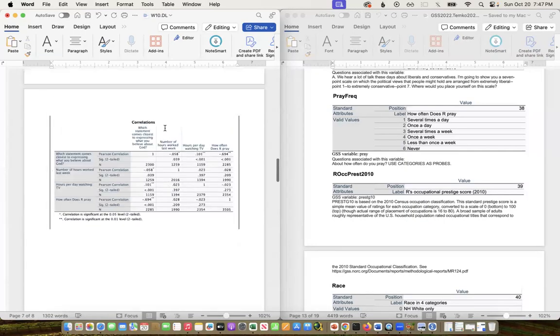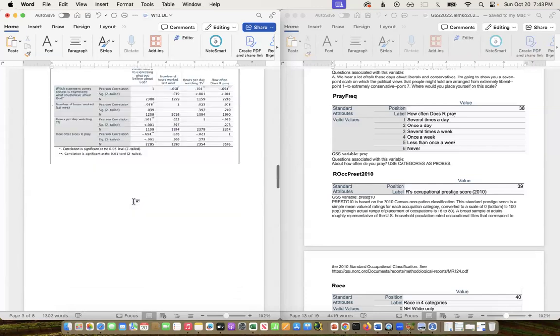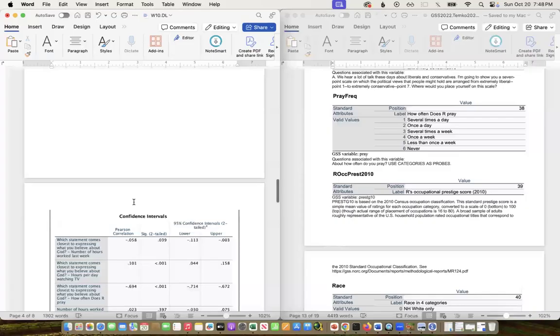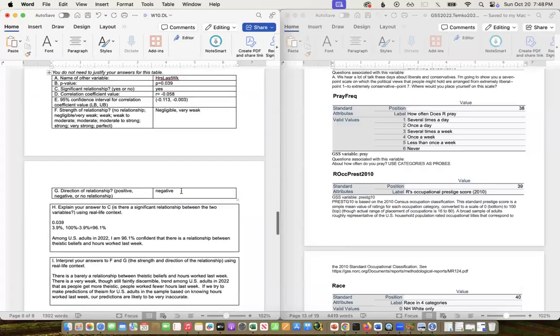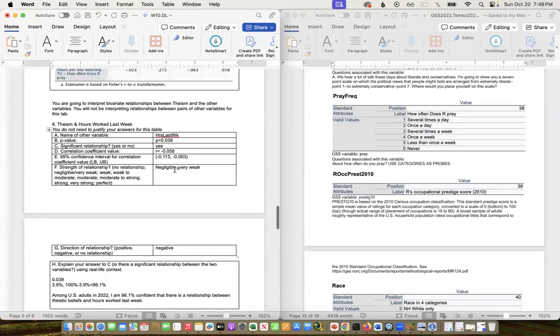Or for like this first one, as pray frequency increases, hours worked increase. That was negative also. Did we do that one? It was negative. Yeah. So hours worked decreased, or as hours worked increases, theism decreases, right?